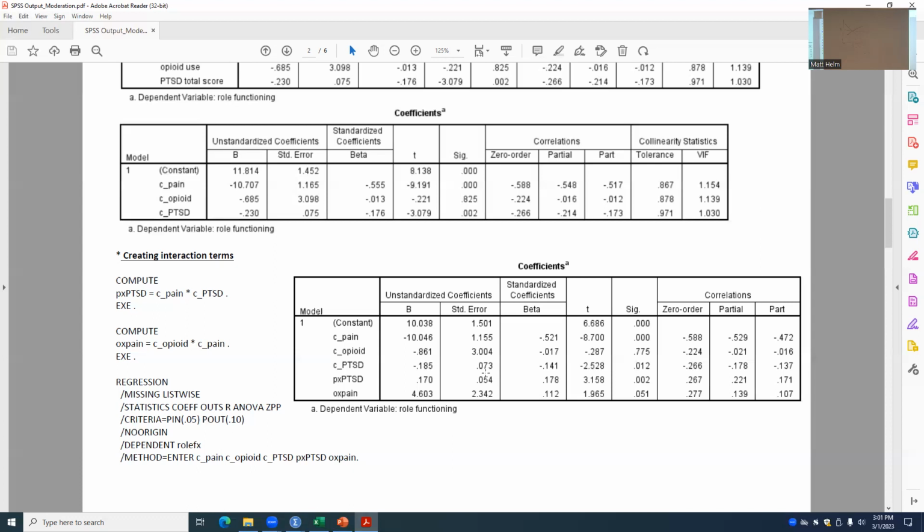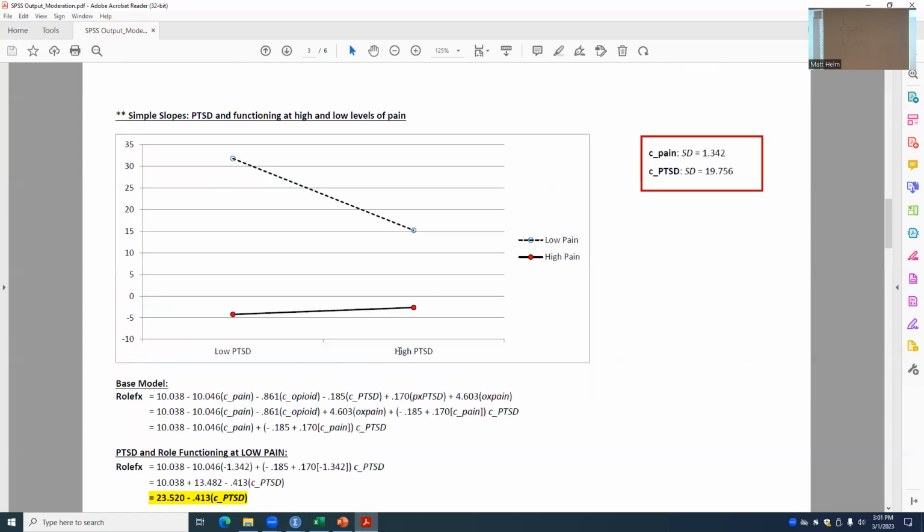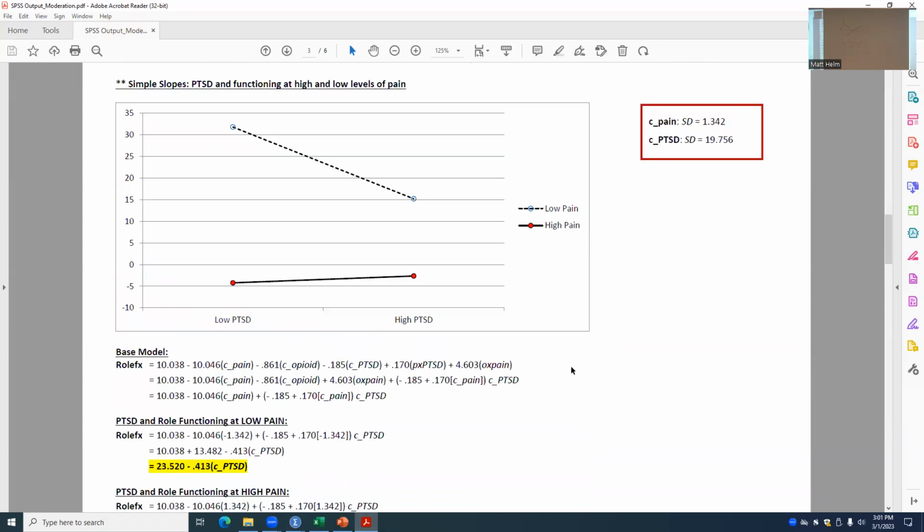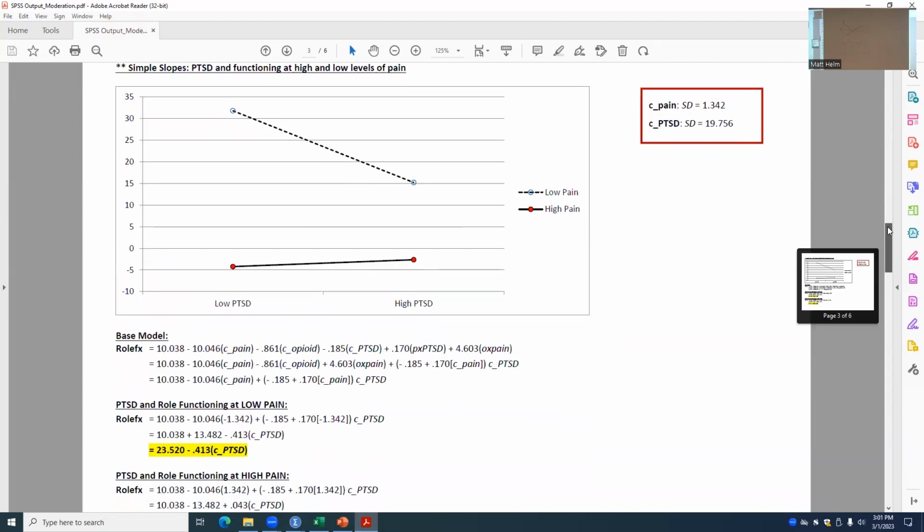All good questions. Are you comfortable with this? Okay, cool. So, next what we would do, and we did this in lecture, so we won't spend a whole bunch of time here, is we'd go through and take our model here, right? And this is just the coefficients that we pulled from our table, going through and factoring down my equation.